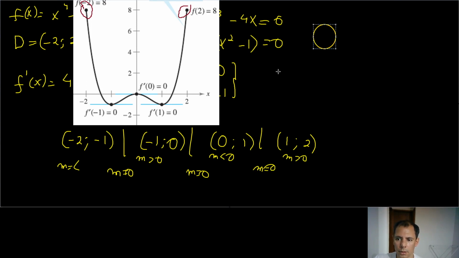They're not supposed to be filled, because if it's filled, it's a closed interval, but if it's not filled, it's an open interval. Okay, and when you have D equals open interval minus 2 and 2, that means it's supposed to be open, empty circles, empty dots in here and in here.